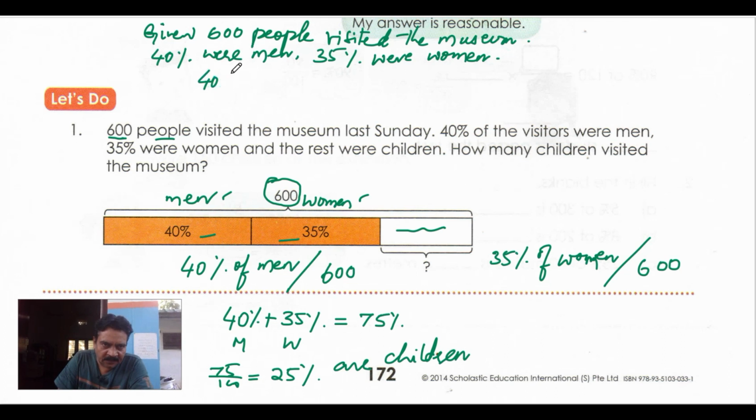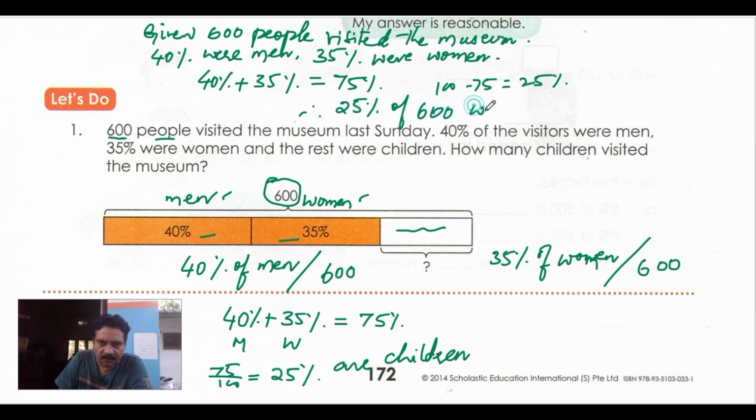Therefore, 40% plus 35% is equal to 75%. So 100 minus 75 is equal to 25%. So therefore 25% of 600 were children, right? So we'll find out how many children there are. So we'll find out 25% of 600 people comes how many number of children.